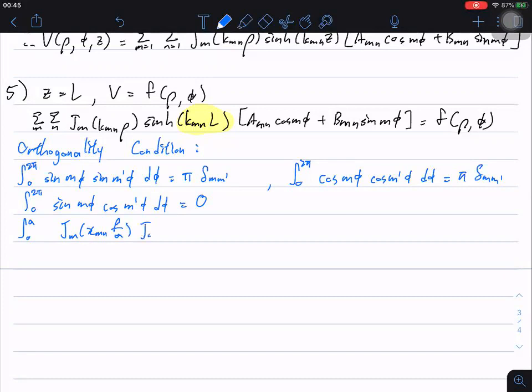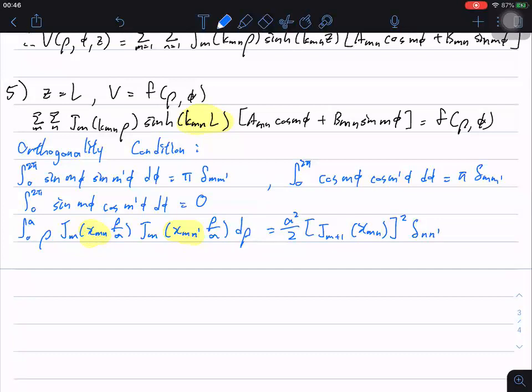in the Bessel function, it depends on two different roots, x_m and x_m prime, and multiplied by rho and integrated from 0 to a, you will obtain this constant with, again, a delta function.